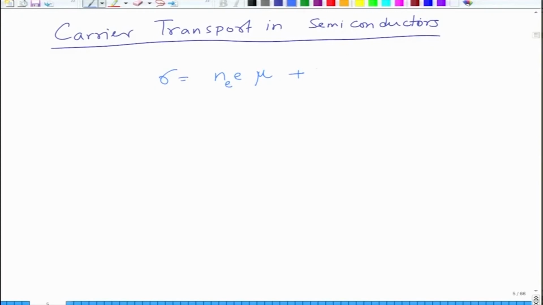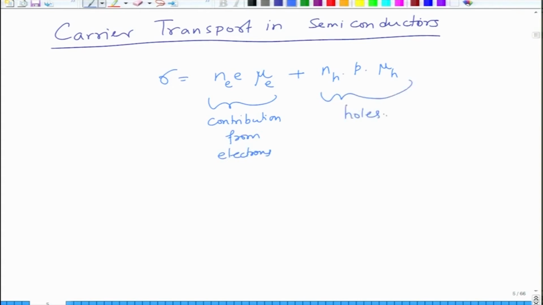So this is Ne e mu e. We also consider another carrier, which is Nh p mu h. So this is the contribution from electrons, and this is the contribution from holes.